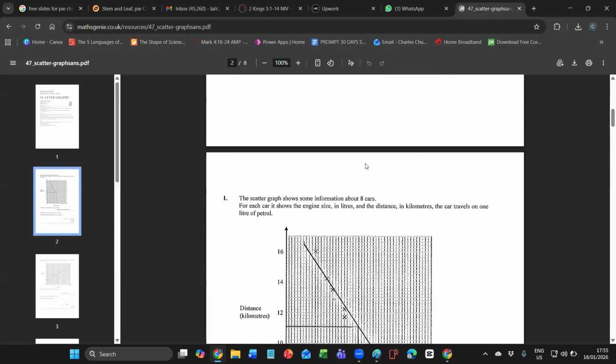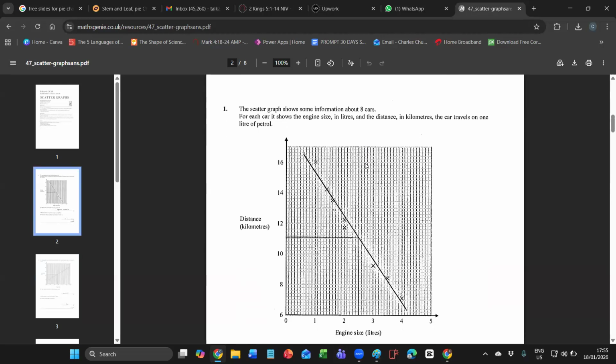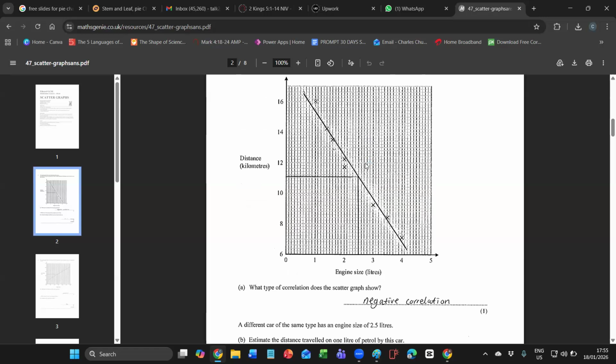The scatter graph shows some information about 8 cars. For each car, it shows the engine size in liters and the distance in kilometers the car travels on 1 liter of petrol. What type of correlation does the scatter graph show?